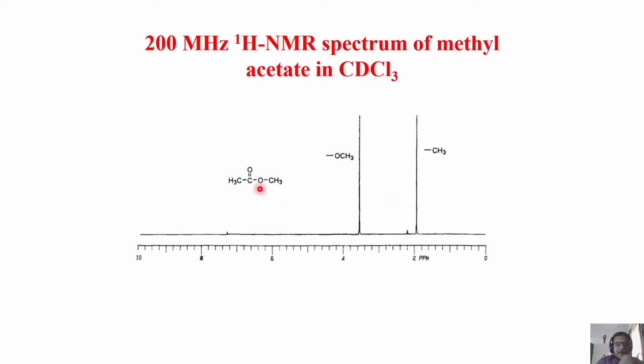Whereas, as I said in the previous example, the CH3 group attached to this oxygen, because it withdraws electrons, comes downfield. Look at the peak height, both are the same. But this comes downfield, whereas this comes high field.